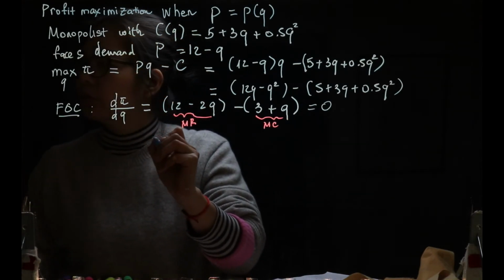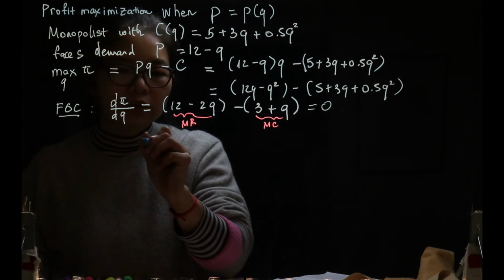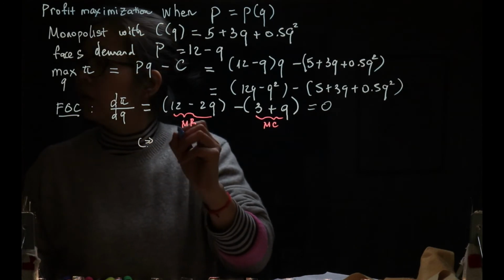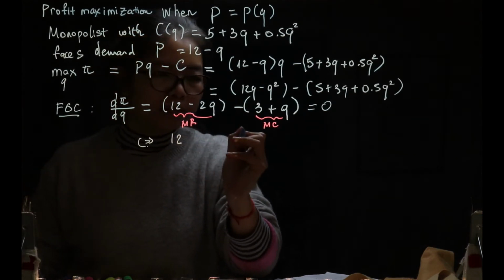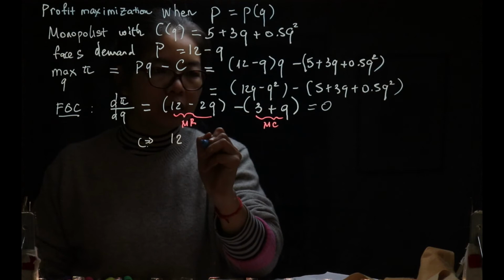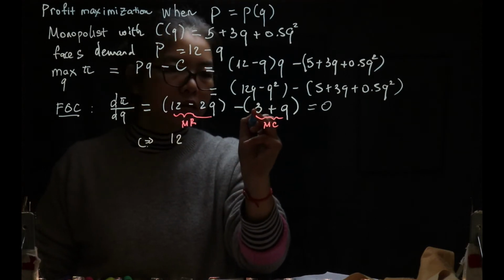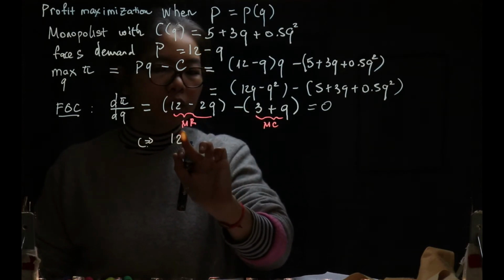And now we could already solve it. So we have 12, simplify everything, minus 3, right?